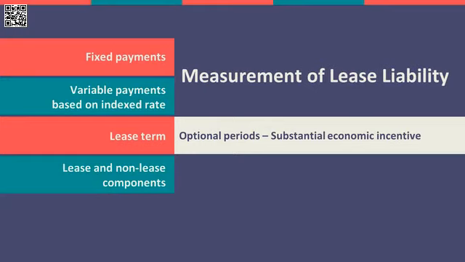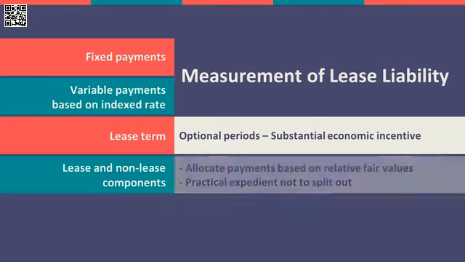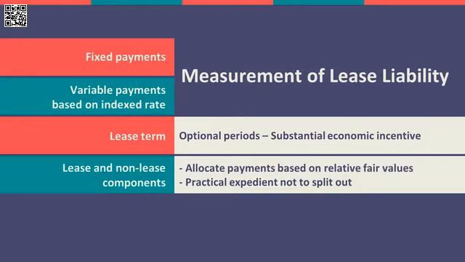Now, the servicing itself is not actually a lease, and therefore that is why we have to strip out these non-lease components. And the way that we would strip out the non-lease components would be to allocate payments based upon the relative fair value of the lease and non-lease components. And in a moment I'll show you a simple exercise that demonstrates how we would do this.